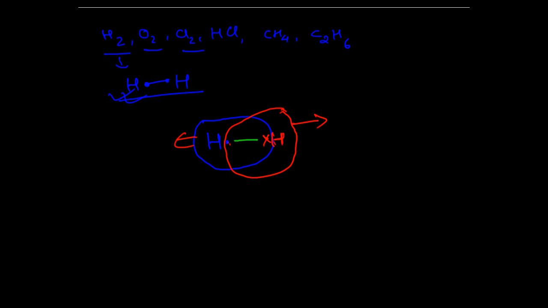So what about the dot and cross diagram of oxygen? Oxygen, O2. It is a similar case to hydrogen. O2 is formed due to the covalent bonding between two oxygen atoms.